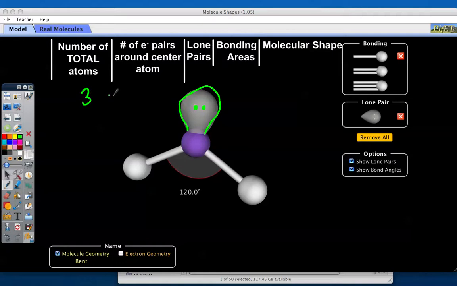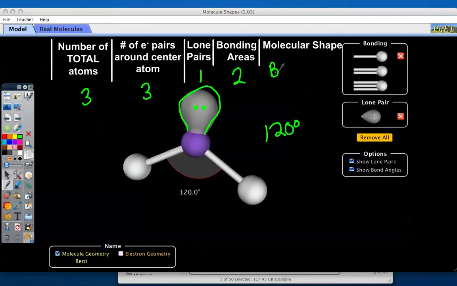So we still have a total of 3 atoms. Electron pairs. Let's first count our bonding areas. We have 2 bonding areas. We have 1 lone pair. Each of these represents your electron pair. So we have a total of 3 electron pairs around the center atom. The bond angle is 120 degrees, and the molecular shape is bent.